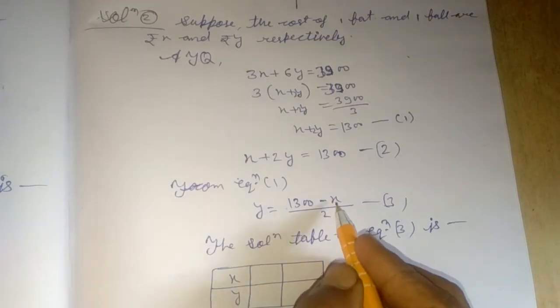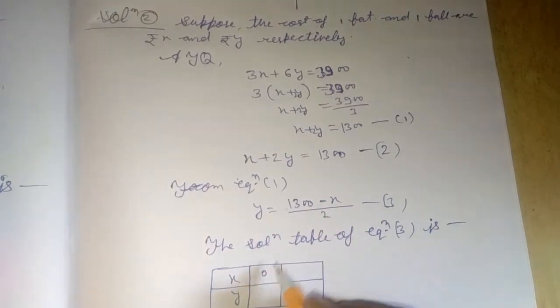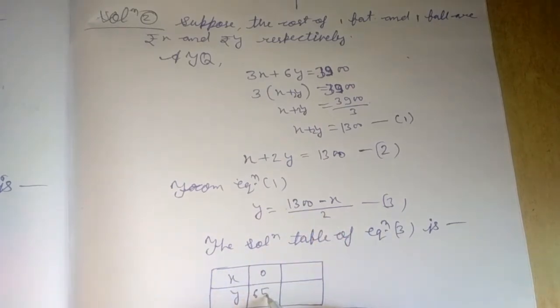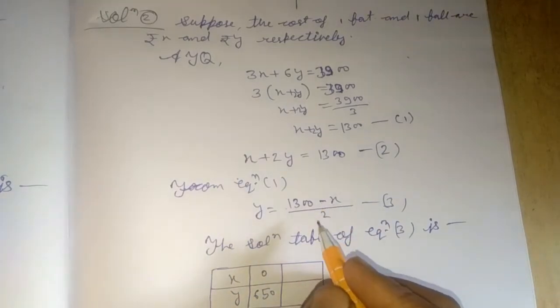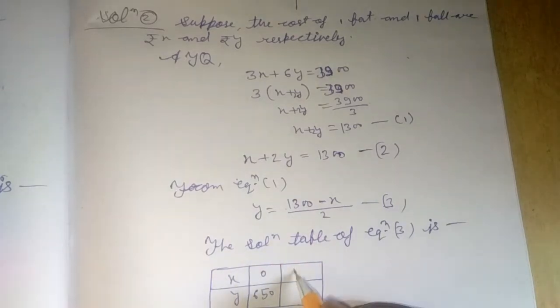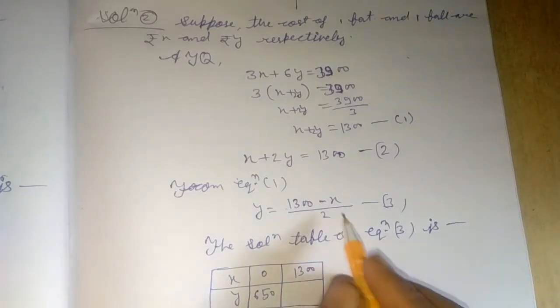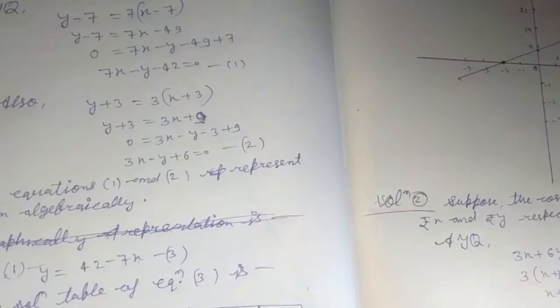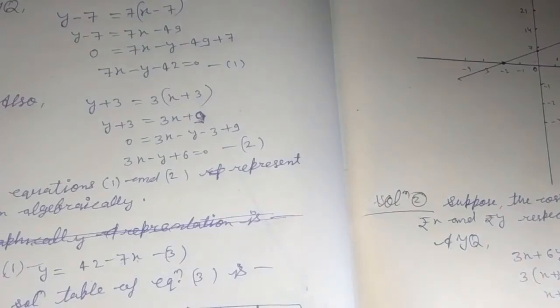When we put x is equal to 0, we get y equal to 1300 upon 2, 650. When we put x is equal to 1300, we will get y is equal to 0. Okay, so it is our first solution table.